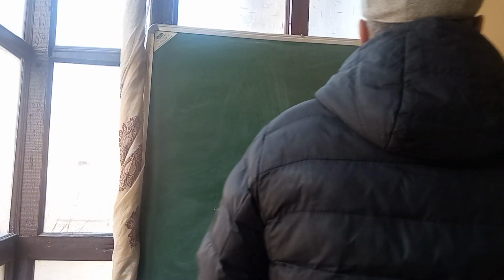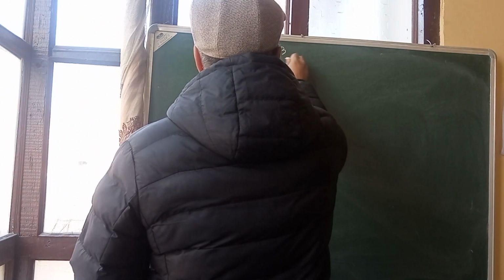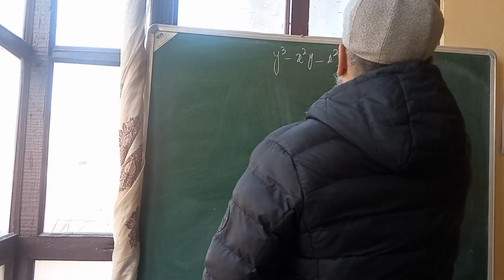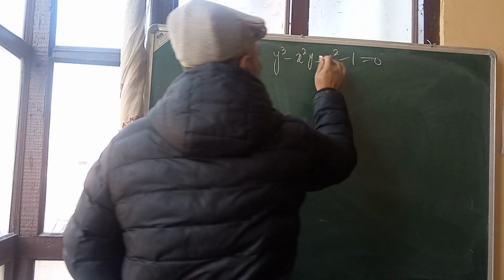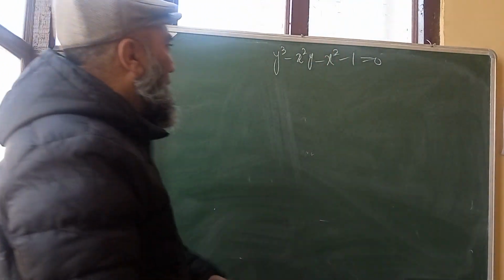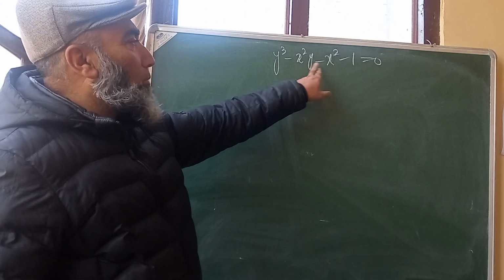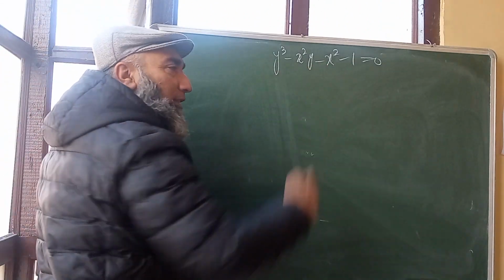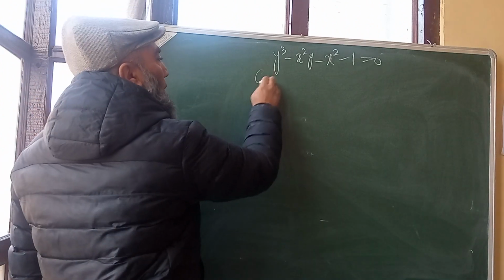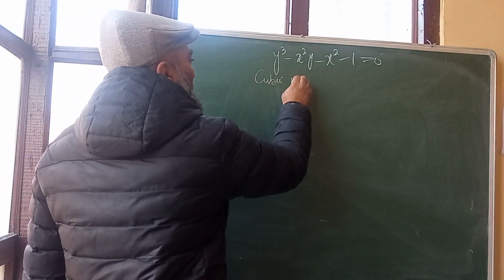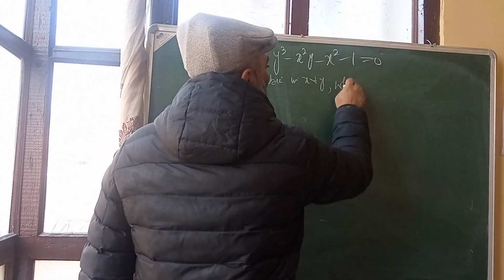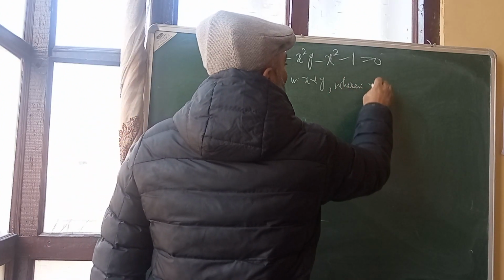Let me take up the question. Y cube minus x square y minus x square minus 1 equal to 0. So this is the question. See, this is a cubic in x and y, wherein y cube is present.